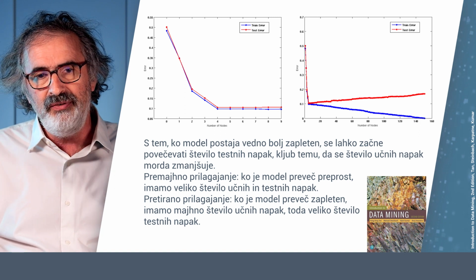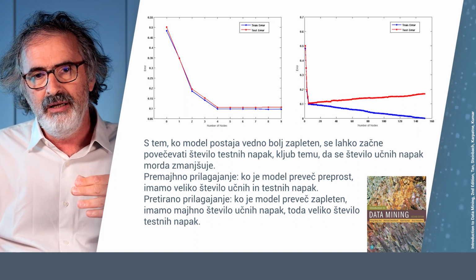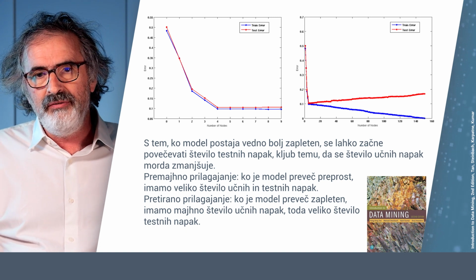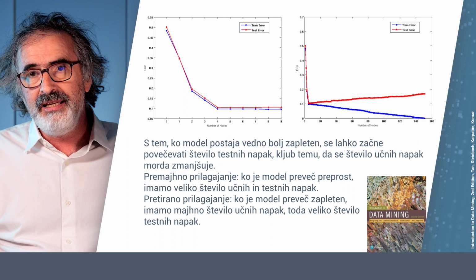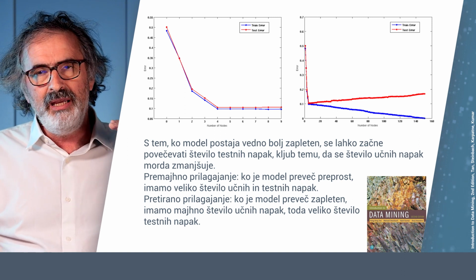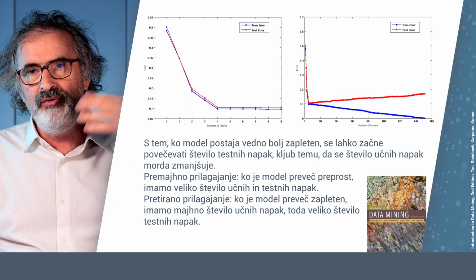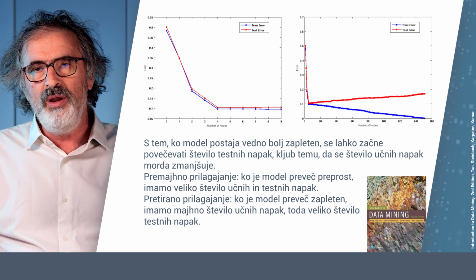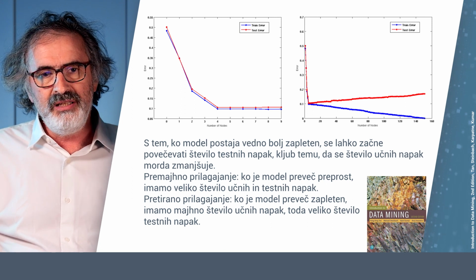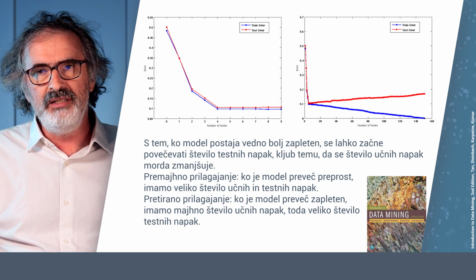We obtain the figure to the right, and we can see that at some point the red curve, which is the curve over the test set, starts going up. In other words, we're making more and more mistakes over the unseen data with the rules which are becoming more and more complex. So this is the phenomenon of overfitting.